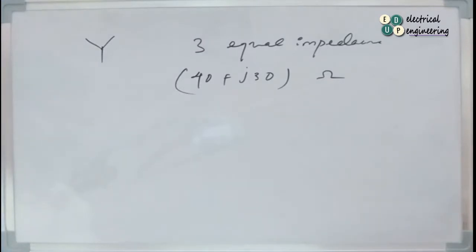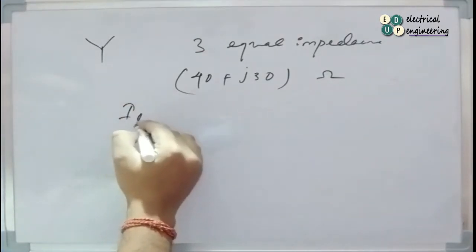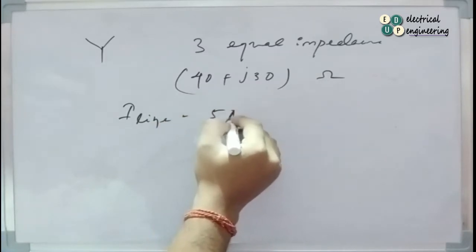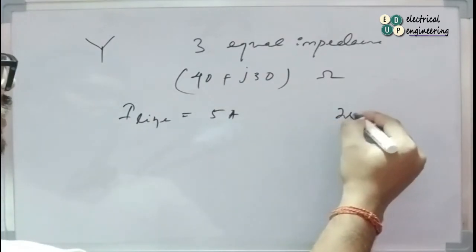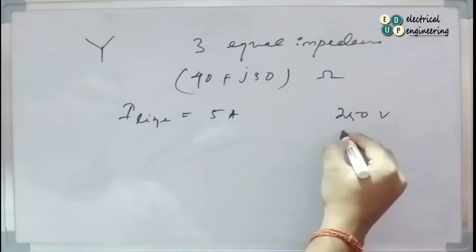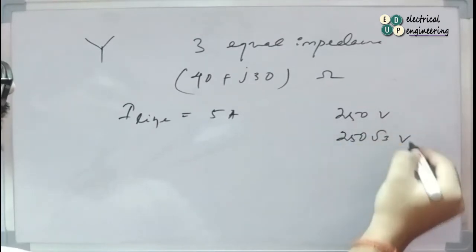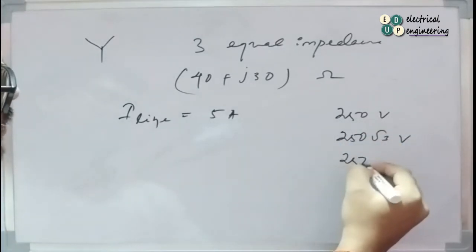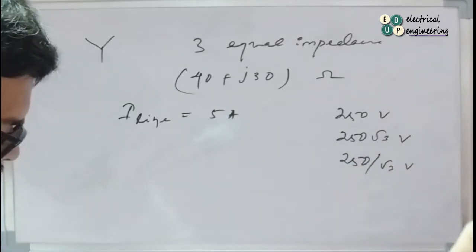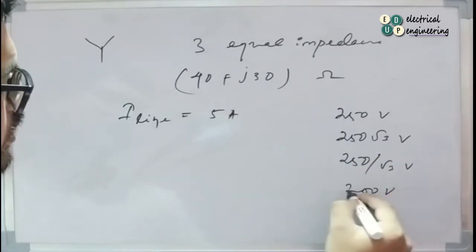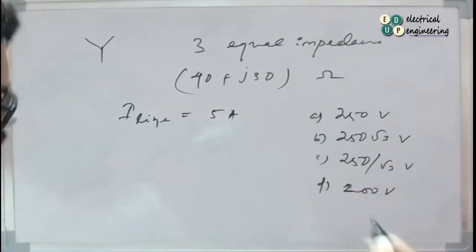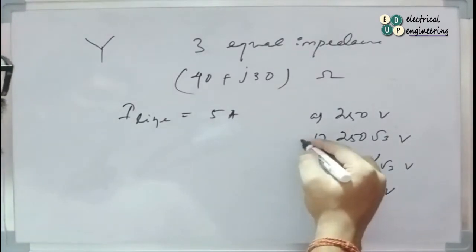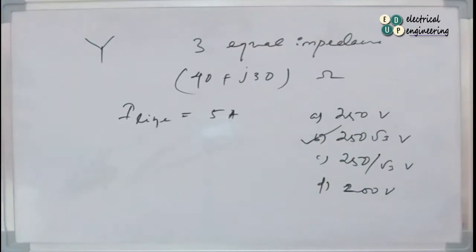If the line current is 5 ampere, then the value of the line voltage is: A, 250 volt; B, 250 root 3 volt; C, 250 by root 3 volt; or D, 200 volt. Check your answers. It must be 250 root 3 volt. Okay, let us see.